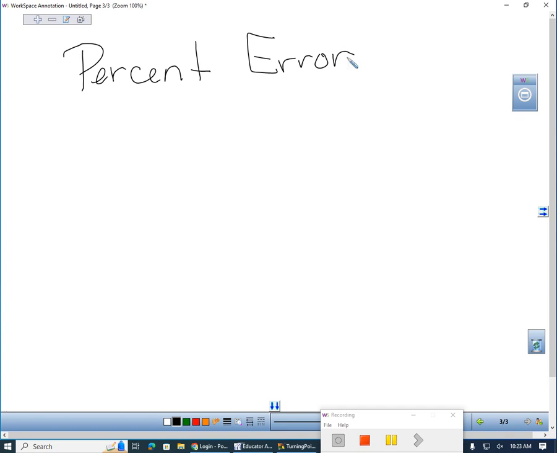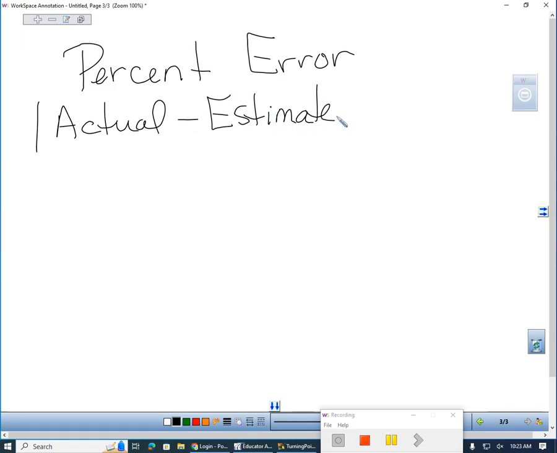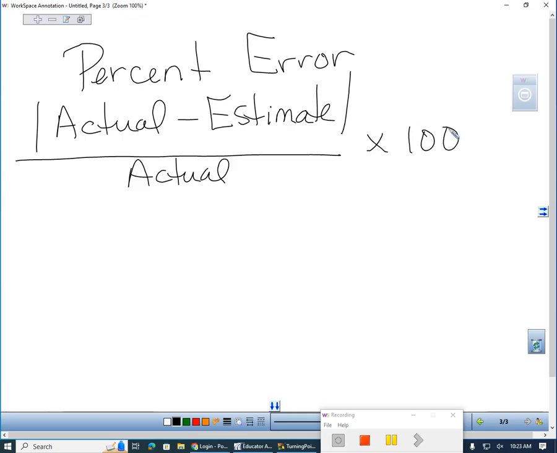Percent error is the actual minus the estimate divided by the actual times 100. So it's really the same thing, just with a couple different words, right?